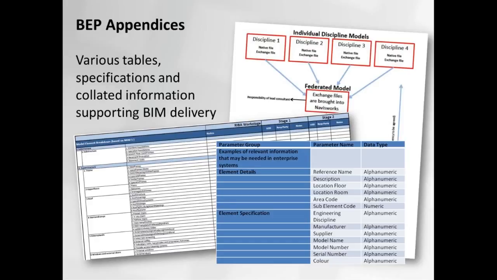So together with a BIM execution plan, you have a number of appendices that try to make this information much more editable, much more clear, much more flexible, and transparent by using a number of schematic diagrams and representations and annexes and tables and all sorts of documents that make this easy to read for all the stakeholders.